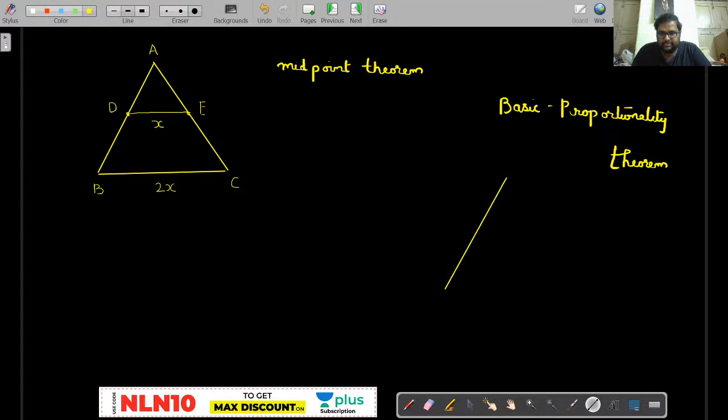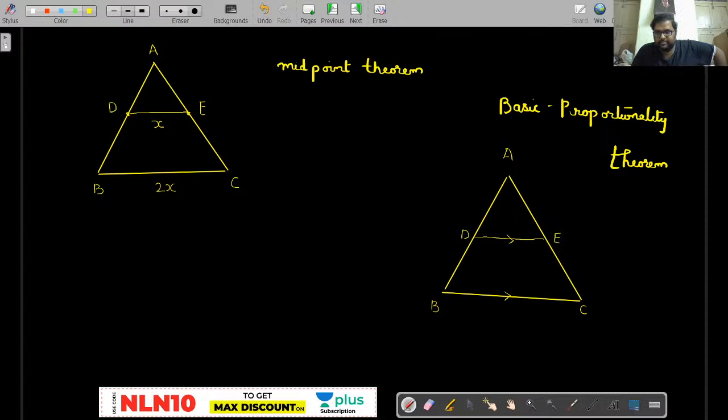Now this is a triangle ABC. Right? Now, when you draw a line segment which is exactly parallel to the base, I'll take these points as D and E. Now, see here, according to the basic proportionality theorem, AD by DB will be equal to AE by EC.